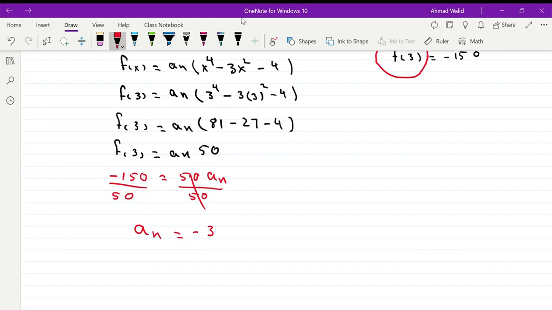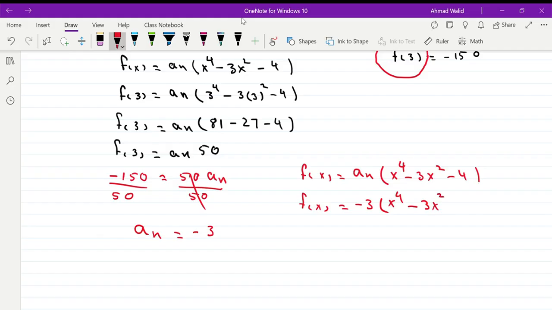Correct? Now, what is the polynomial function for this degree? You had f of x equals a sub n parentheses x to the power of 4 minus 3x squared minus 4. That was this. Now put the value of a sub n here. Then you can say f of x equals 3 parentheses x to the power of 4 minus 3x squared minus 4.